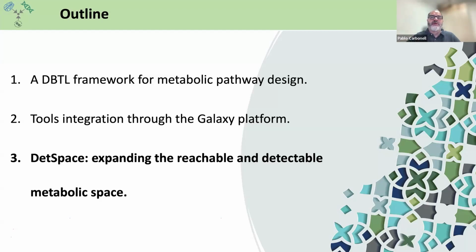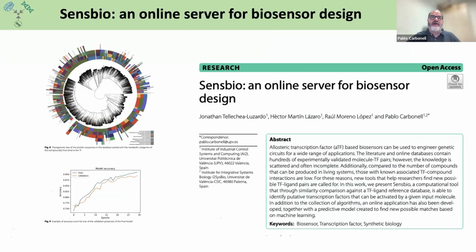So in order to provide a solution for this biosensor design, we have another tool that has been published more recently that is called DetSpace. And it comes from a database that we have of different biosensors. Actually, what we have are transcription factors that can be allosterically activated by molecules, by effectors that are metabolites.